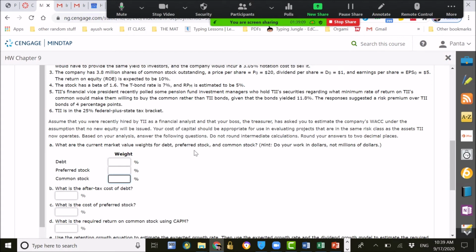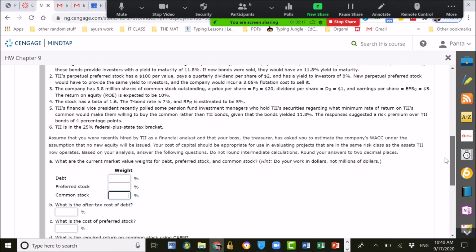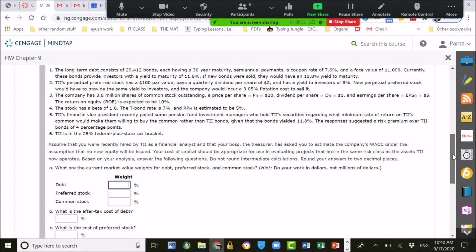What is the best way to do this one? Let me see. So, debt here. Where I'm having some problem is that it's not letting you put in the value to check if your value is right.